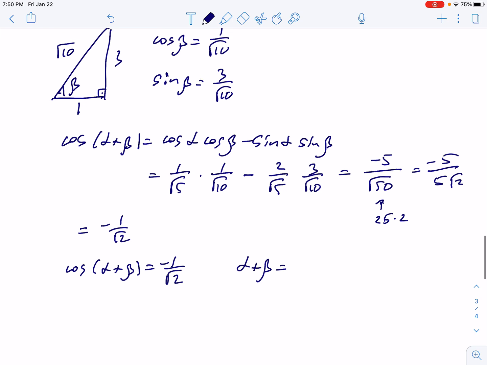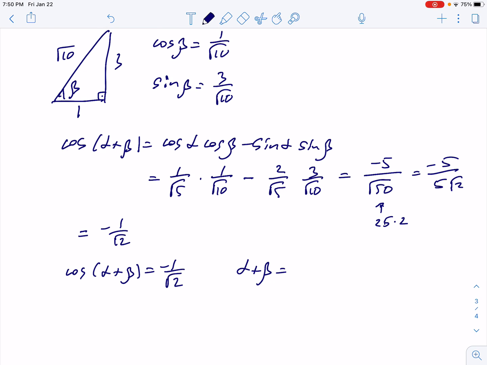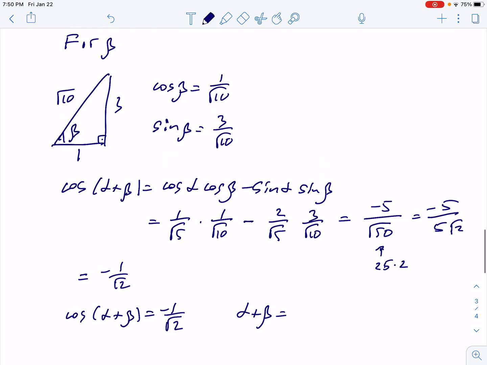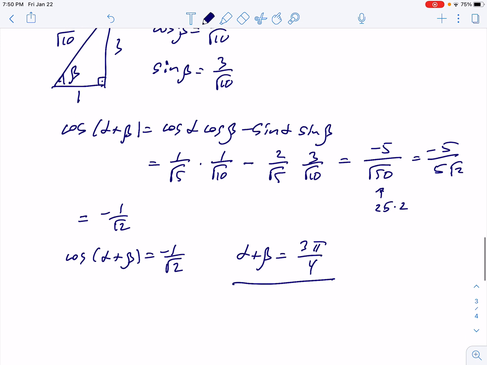Obviously, because we have negative cosine, it goes to the second quadrant. And what angle in the second quadrant has such cosine? This will be 3 pi over 4. Okay, we solved this problem.